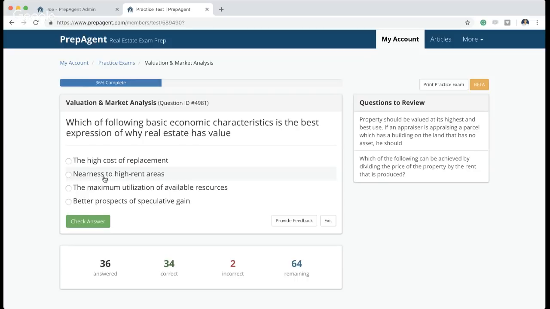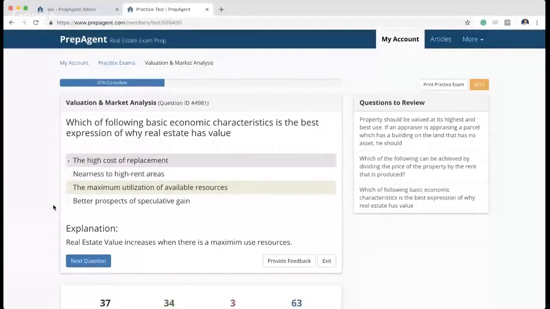A, the cost of replacement; B, nearness to the high rent areas; C, the maximum utilization of available resources; D, better prospects of speculative gain. Oh, C, the maximum utilization of available resources.